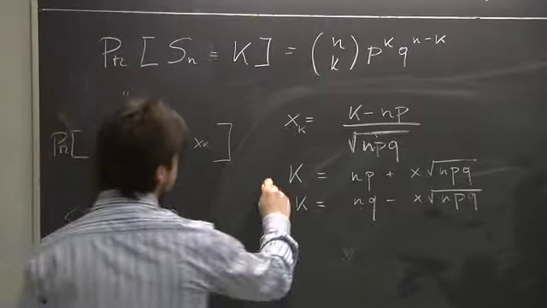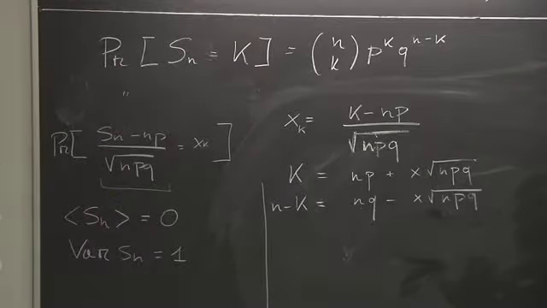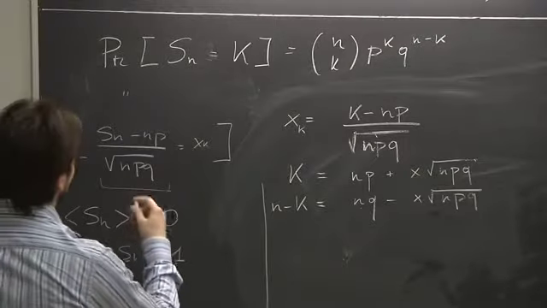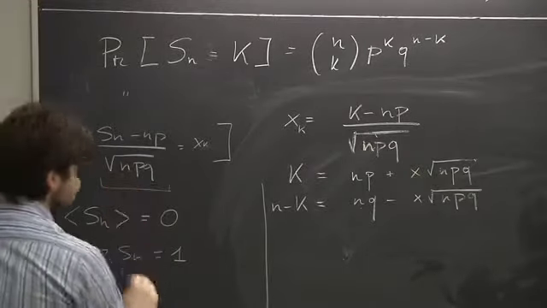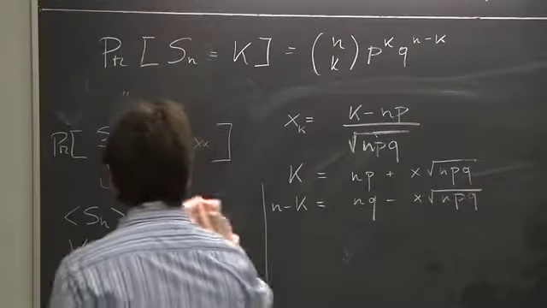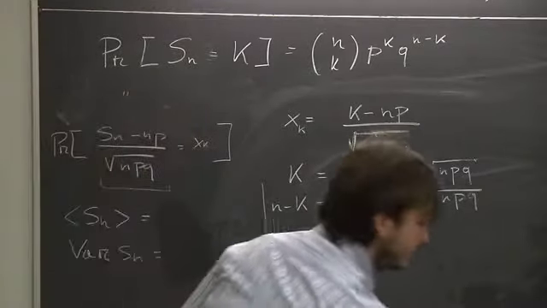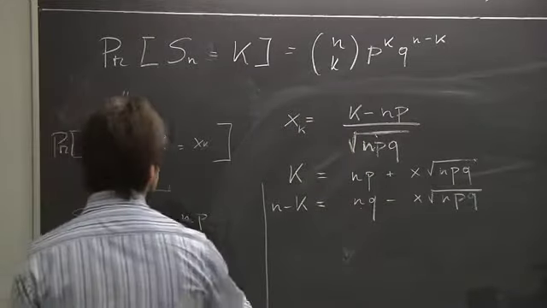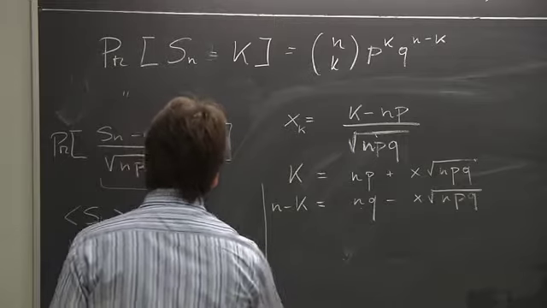Why is this? Because if you remember the binomial distribution, the mean is np and the standard deviation is the square root of npq.